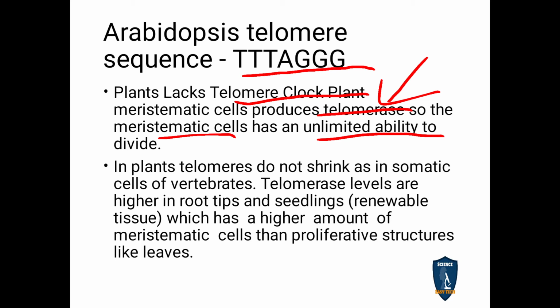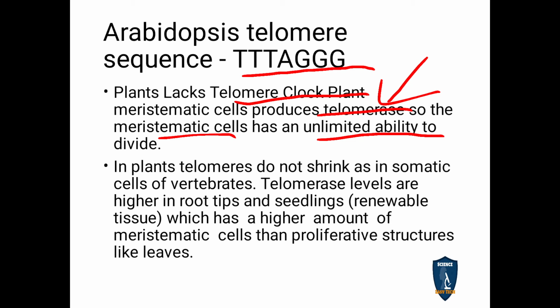So if the telomeres are there, the plant cell won't shrink as in vertebrates. But the telomere levels are higher in root tips and seedlings, which have a higher amount of meristematic cells that proliferate structures like leaves.